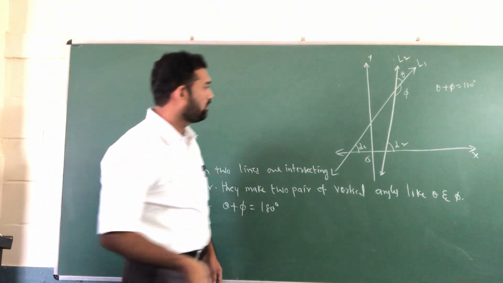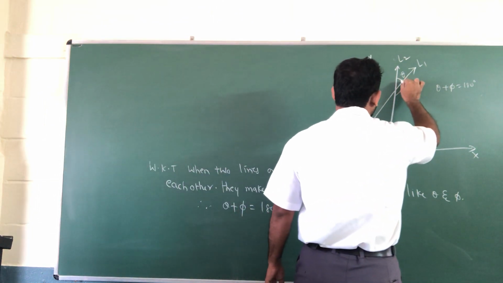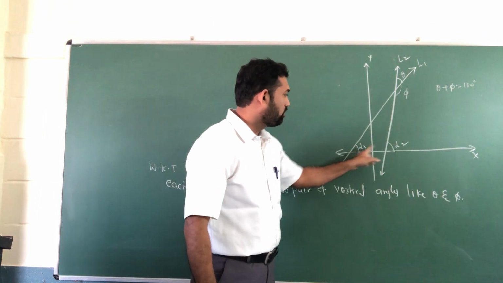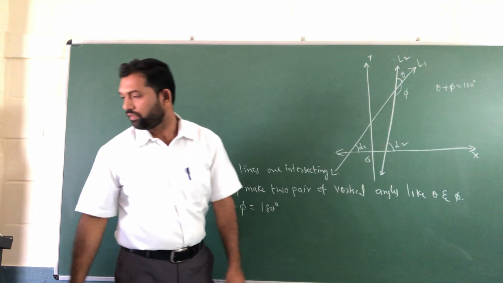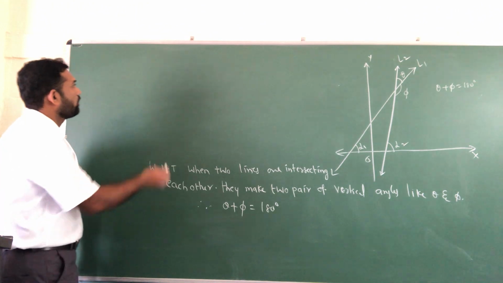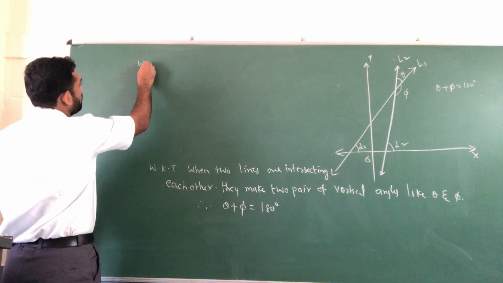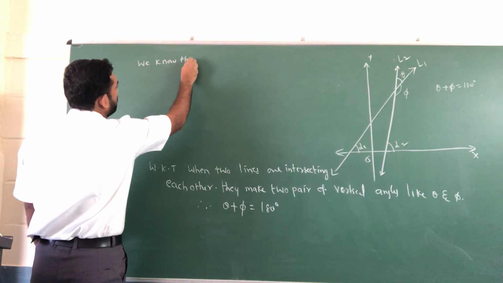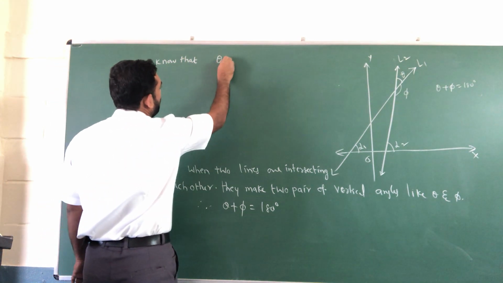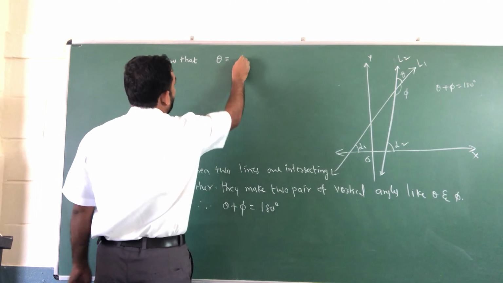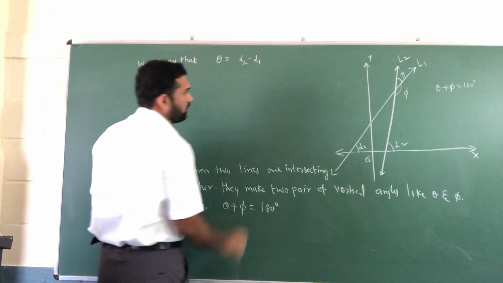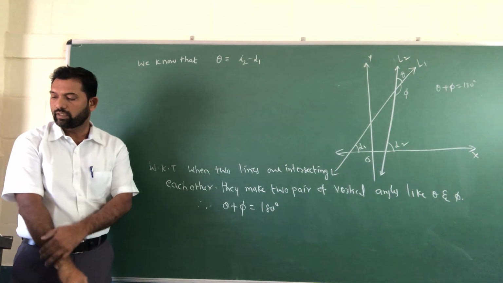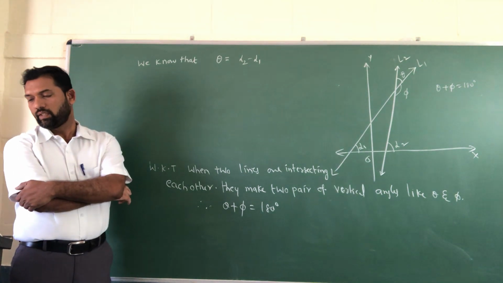Next, suppose theta is the angle between L1 and L2, so the difference of these two inclinations. Therefore theta is equal to alpha 2 minus alpha 1. These two inclinations' difference you have to take.